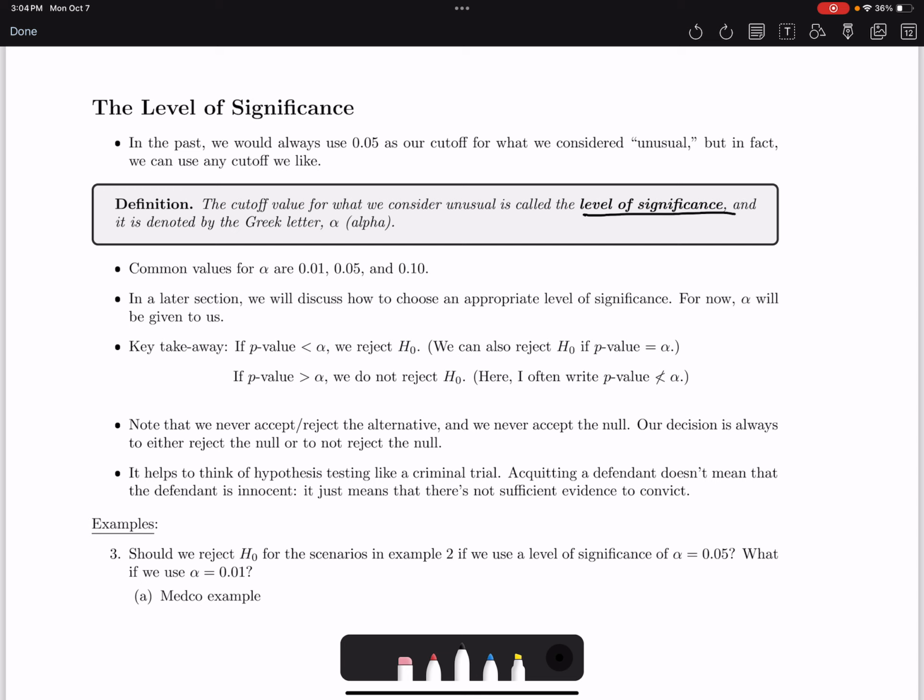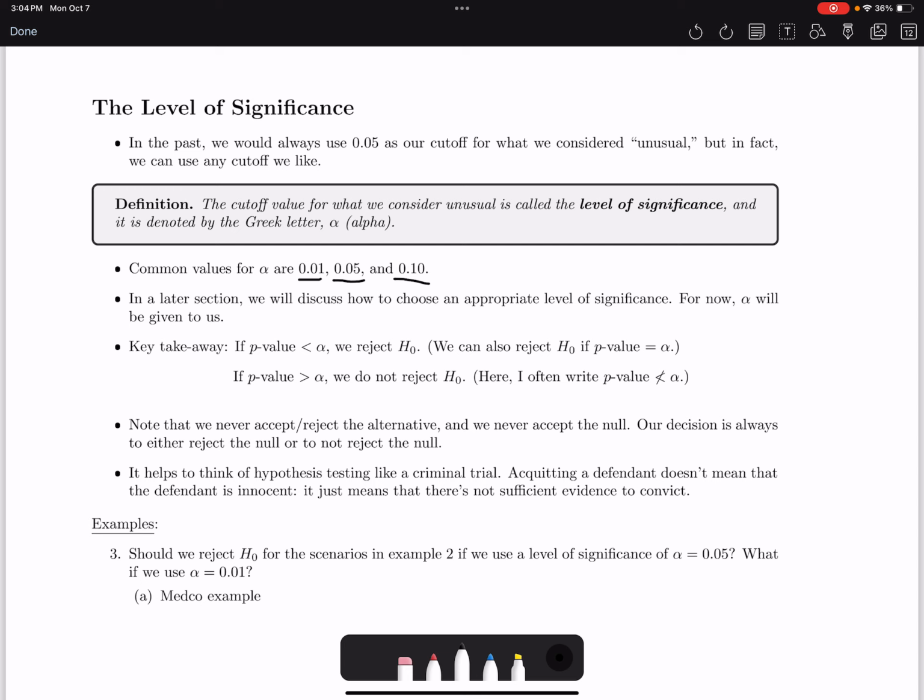It's denoted by the Greek letter alpha. Common values for alpha are 0.01, 0.05, and 0.10. Alpha is basically chosen based on how severe the mistake would be if we decided to reject a true null hypothesis. And that's something we're going to talk about in greater detail later.